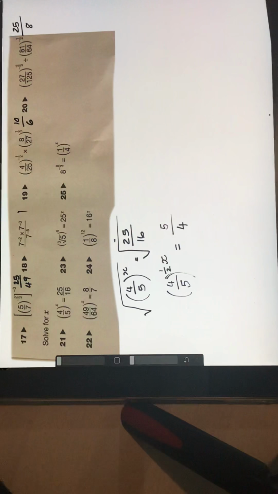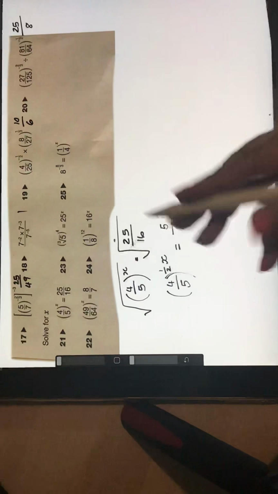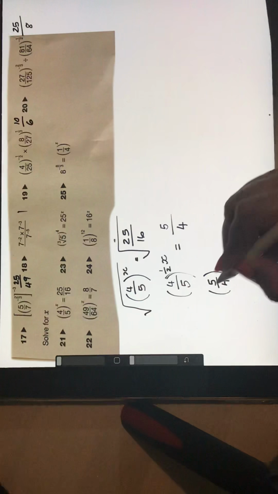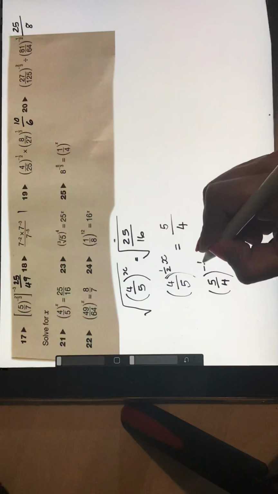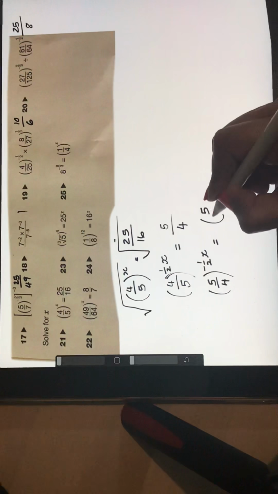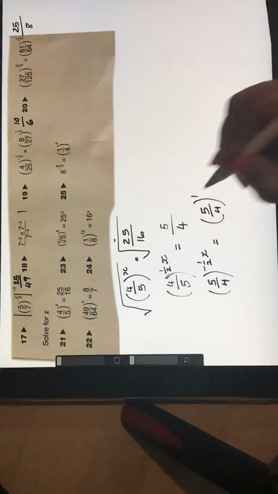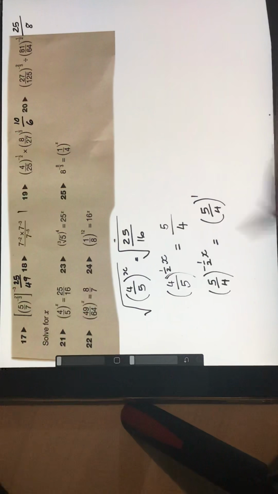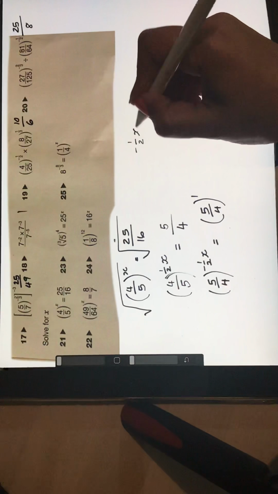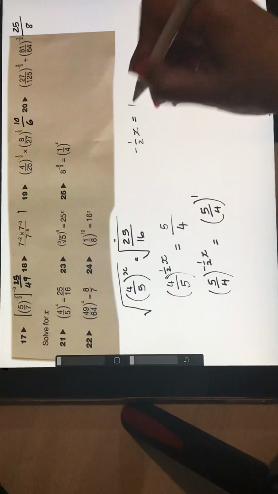They're almost similar. The only thing we can do is if we flip this fraction, if we make this a 5 over 4, the only thing that's going to change is we're going to add a negative at the top there. And now we have the same base numbers. So we can say that minus a half x is the same as 1.